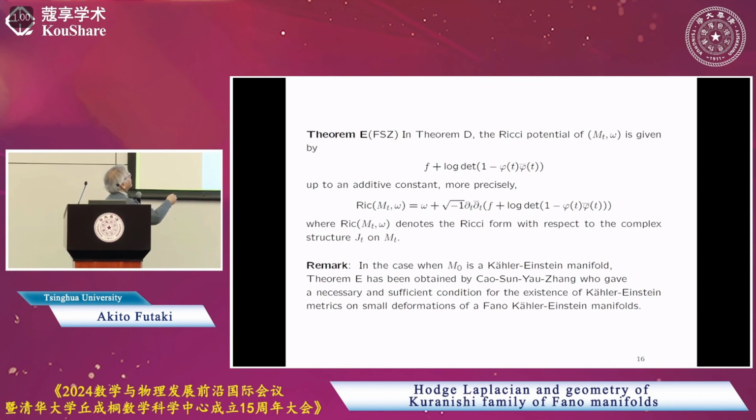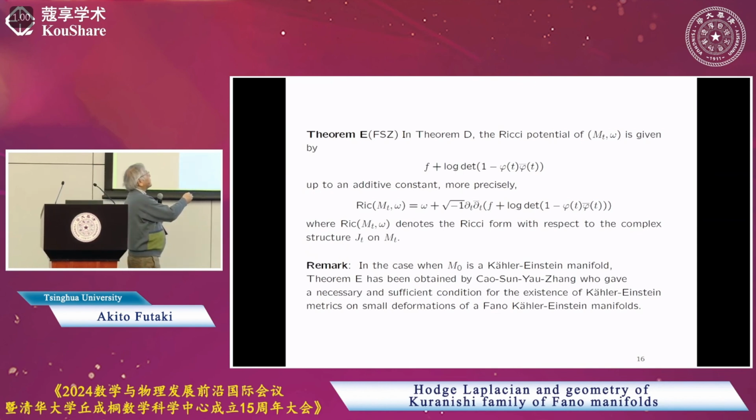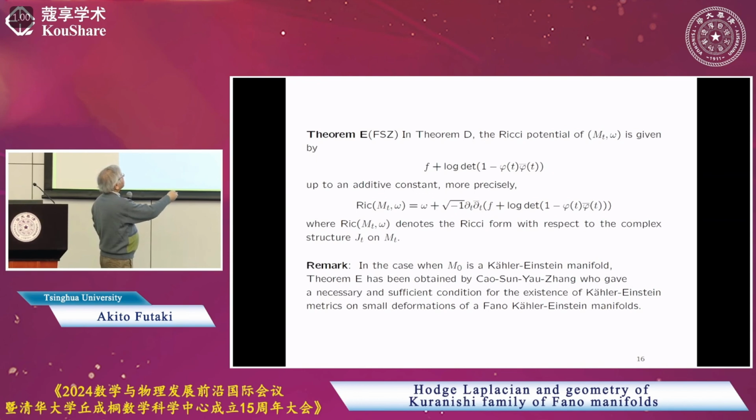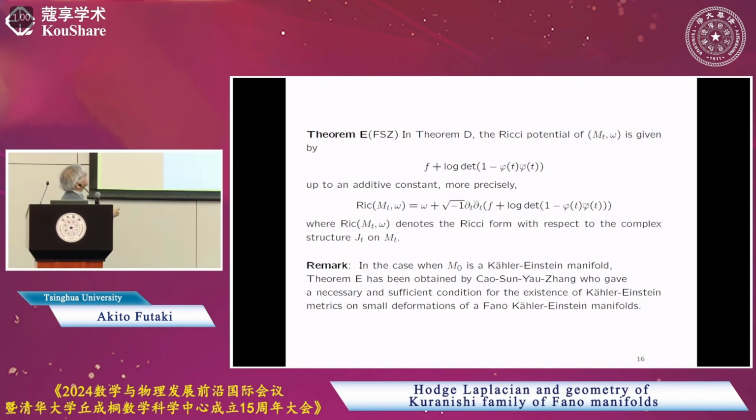So we have to take the deformed d and d bar T operator, and the phi appears here for the deformation from the Kuranishi family. This is the second result with Sun and Zhang.